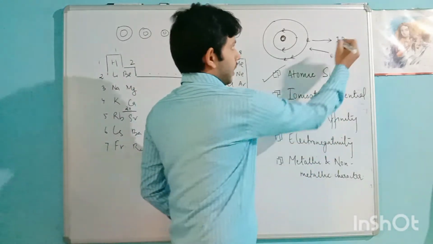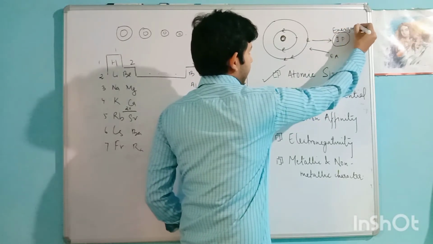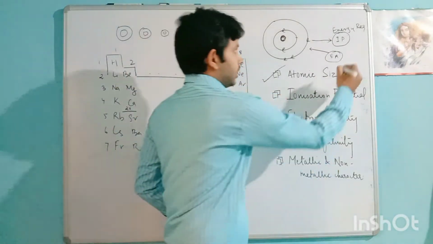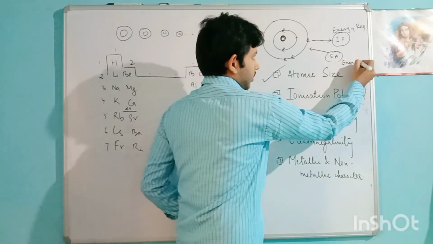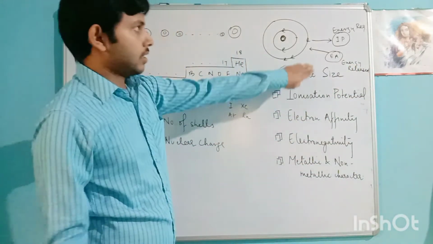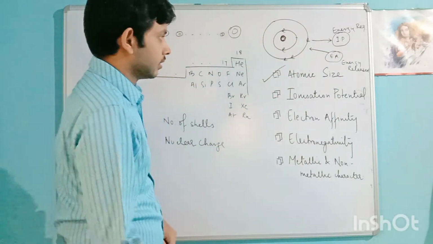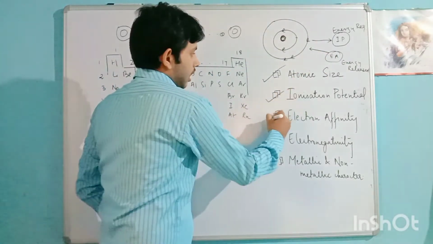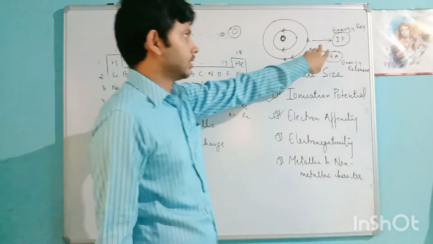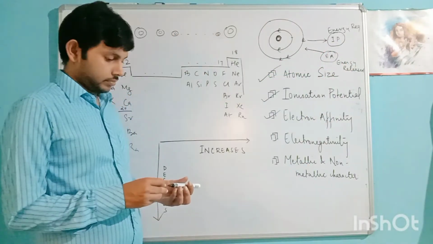Okay, in ionization potential, energy is required, and in electron affinity, energy is released when an atom accepts an electron. Okay, so these two concepts are very opposite to each other. If you know the definition of one, you can know the definition of the other.